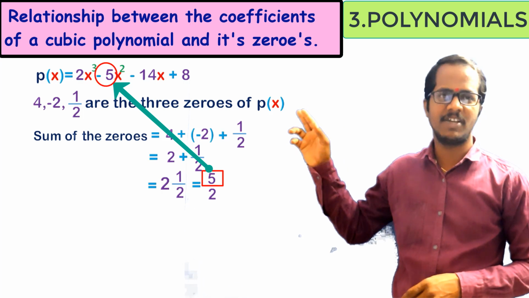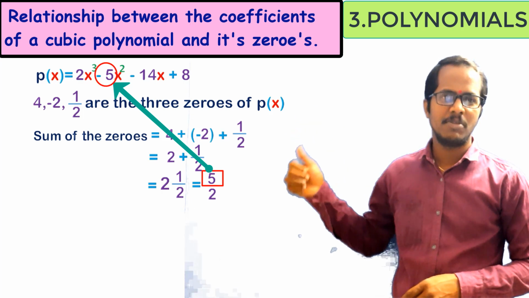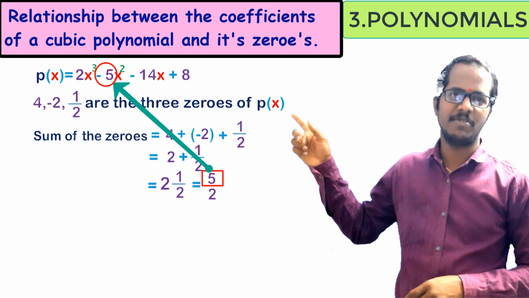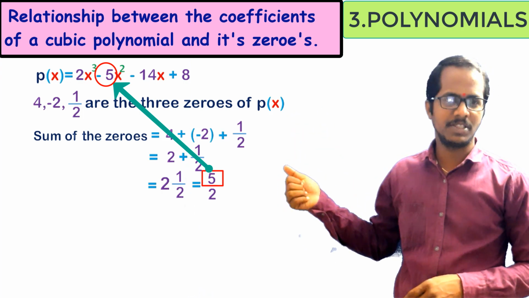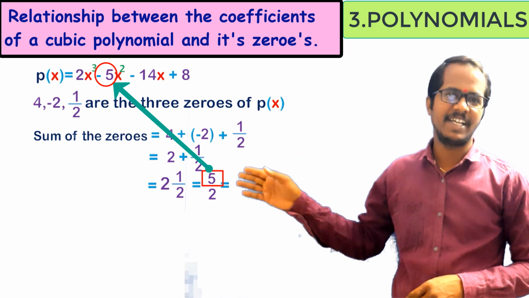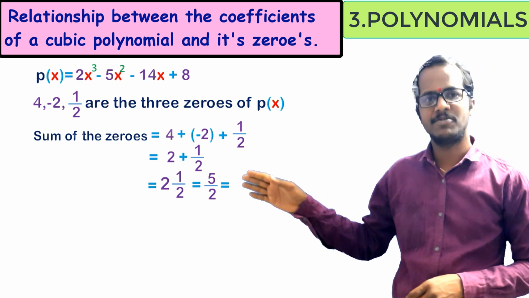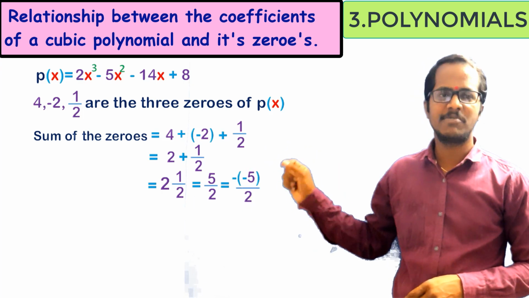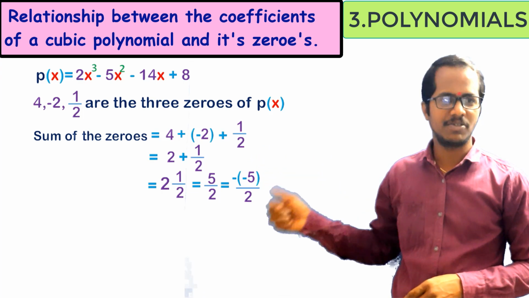Here we have positive 5 and the x square coefficient is negative 5. So to express this positive 5 with a negative sign, we can write this positive 5 as minus into minus 5, and the denominator is 2. So we can write 5 by 2 as minus into minus 5 by 2.